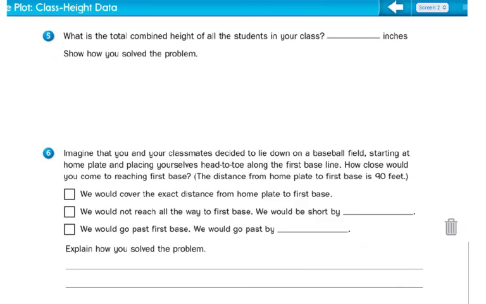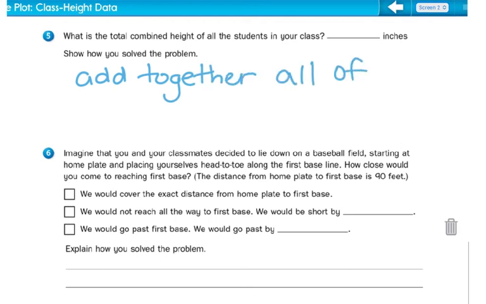Number 5, what is the total combined height of all the students in your class? So we are going to add together all of the 20 students' heights.